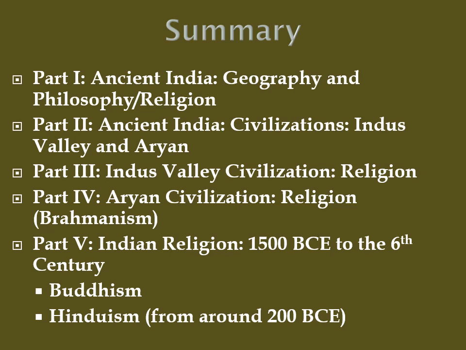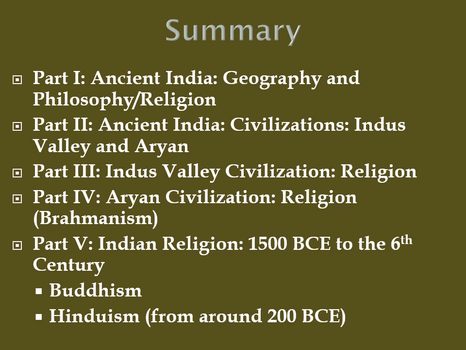Subsequently, in part 5, we talked about Indian religion from 1500 BCE to the 6th century. Here we talked about how the religious practices of the earlier two civilizations originated differently. They had different paths, but then they came together around this period, just like the two different rivers, Ganges and Yamuna, from different origins, then halfway through coming together and flowing as one river, the Ganges, into the Bay of Bengal.